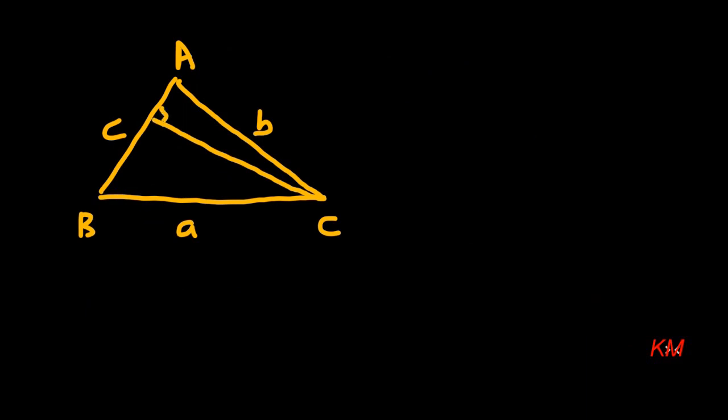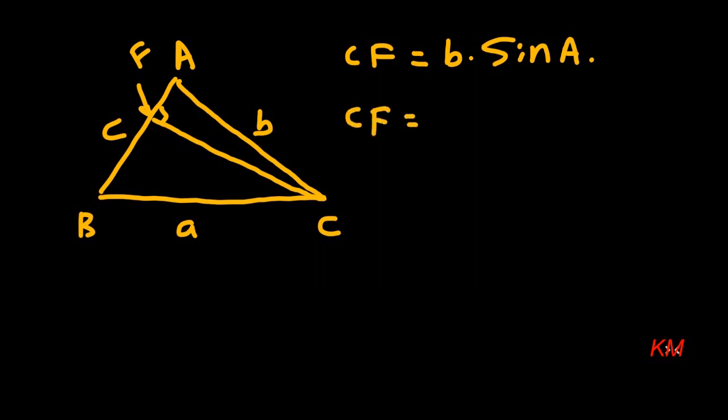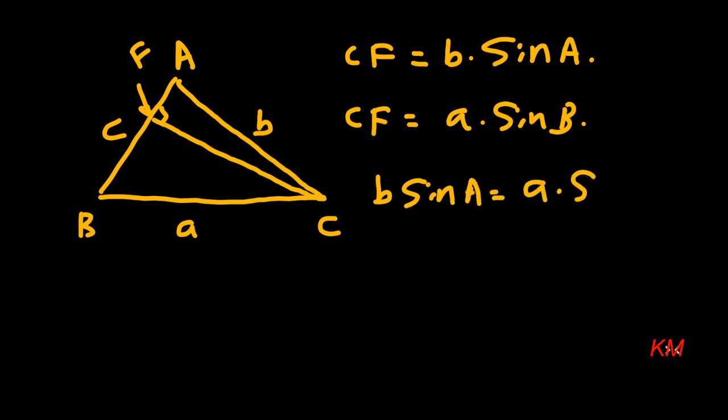This is that line, and this point can be taken as capital F. Now we need to make an expression for the CF base, that is equal to b sin A, and we can write another expression for the CF base, that is equal to a sin B. You can see both expressions should be equal, so I can write b sin A equals a sin B.